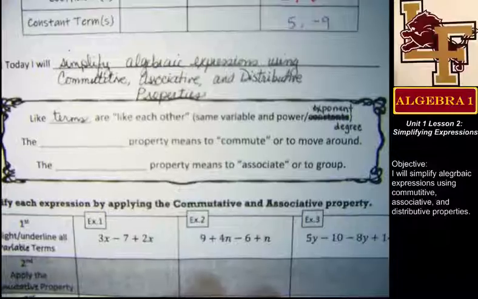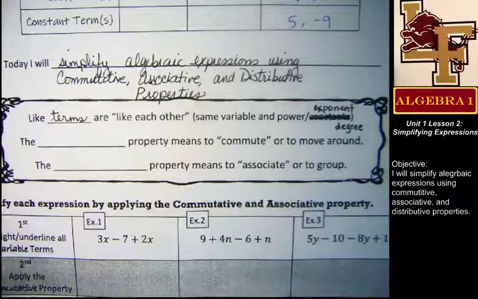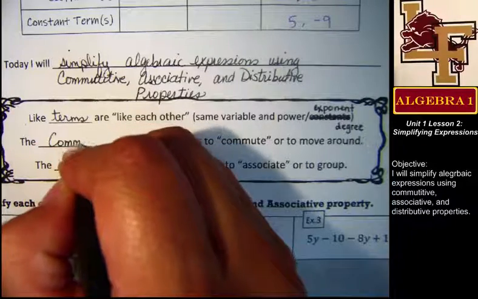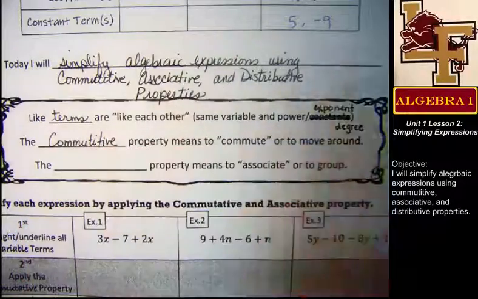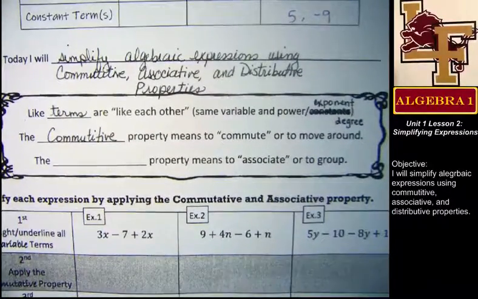One of these properties, commutative, associative, or distributive, means to commute or move around. Which one? Yeah, the commutative property. The commutative property means to commute or to move.